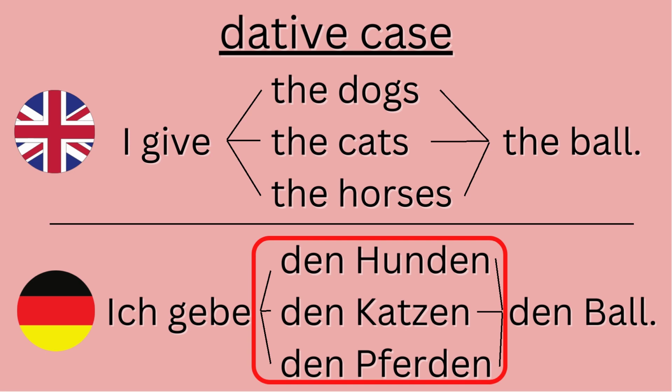Who receives the ball? It's the dogs, the cats, and the horses. So we have den Hunden, den Katzen, den Pferden. So we see 2 changes here. First of all, the definite article changes from die to den. And then if there's not already an N at the end of the noun, there's an N added to it, as in the case of Hunde and Pferde.